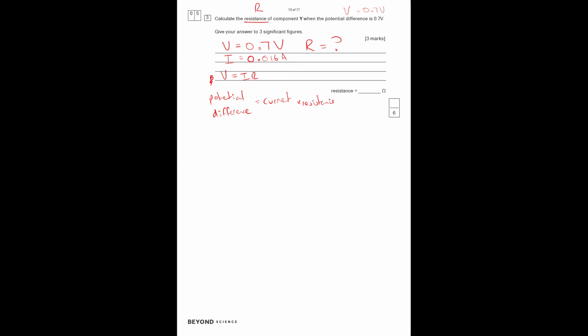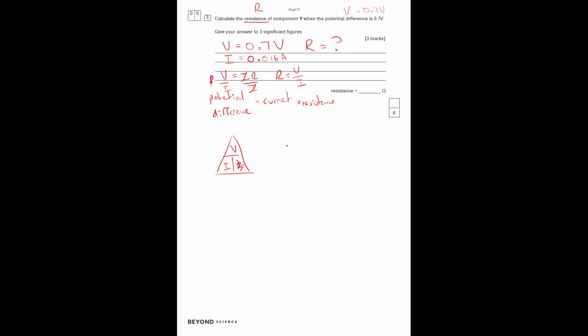Of course, you will need to rearrange that for resistance R. I could divide by I on both sides, and I'm left with R equals V divided by I. If you're still using the triangle, your triangle will look like this. And you will be able to conclude by covering up R that R is V divided by I as well.